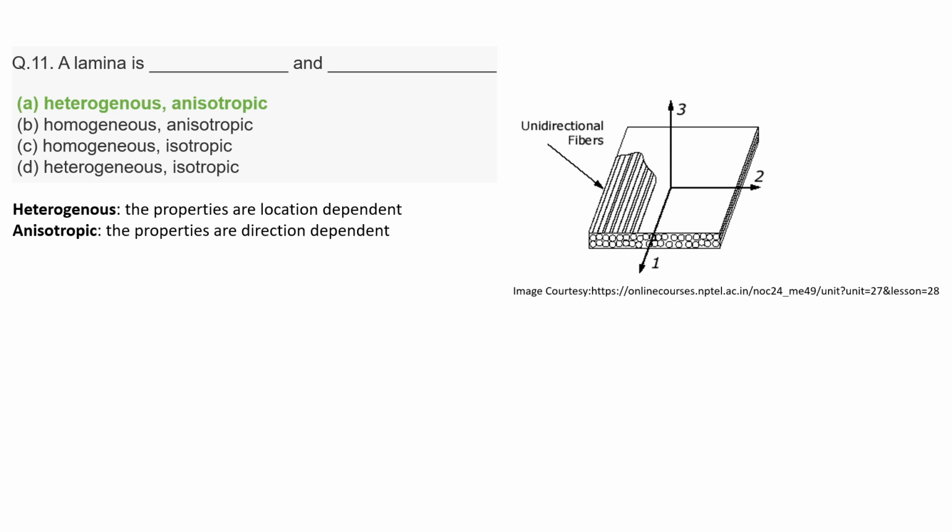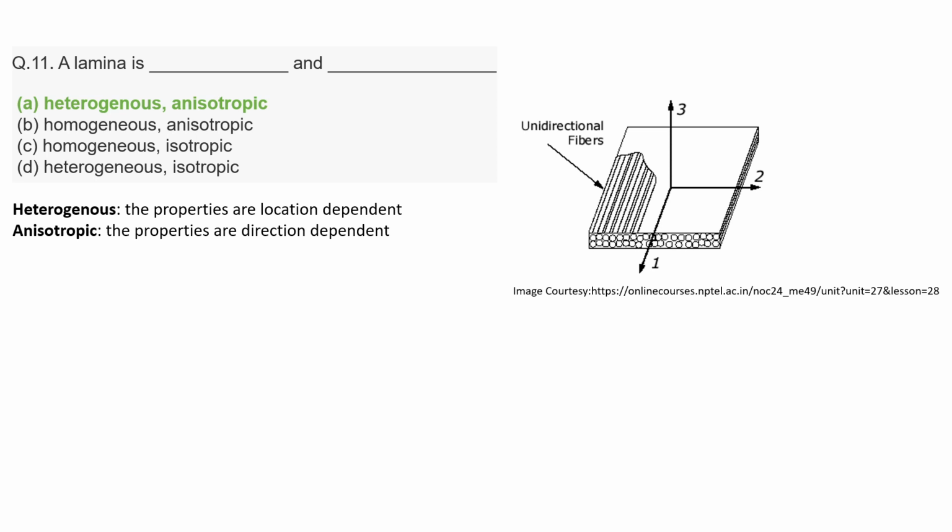Whereas anisotropic means the properties are direction dependent. A matrix is isotropic. That is, in every direction, the properties will remain the same. Whereas the fiber, suppose you take a fiber, a thread, its tensile strength and longitudinal modulus will be higher, and the transverse modulus will be lower.